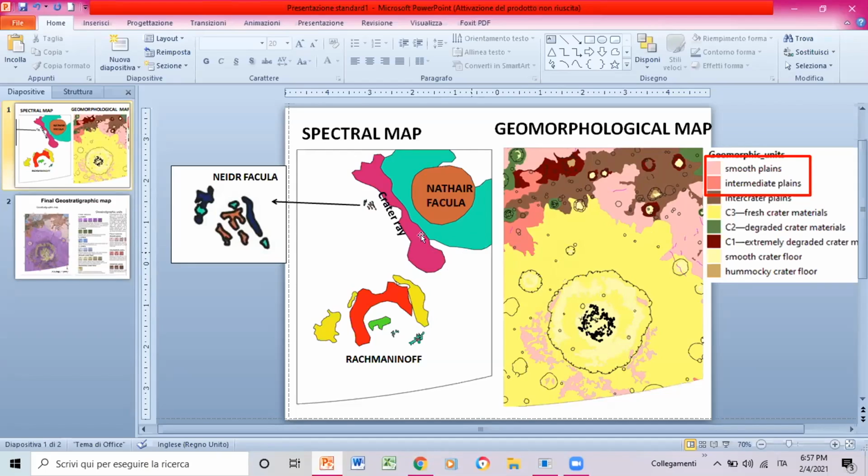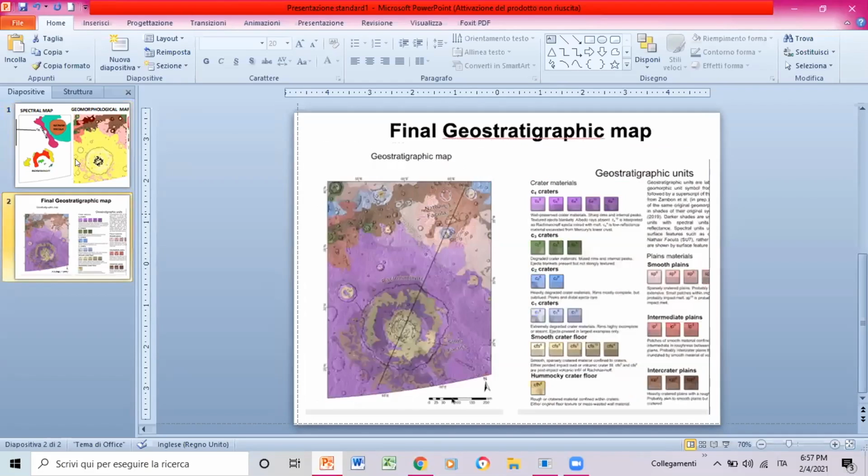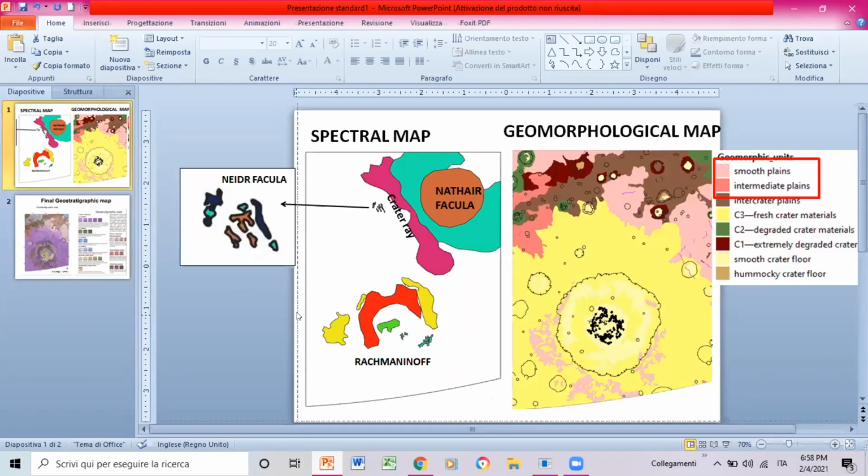And here we got the final geostratigraphic map. So we have to decide, we just got different kinds of features and interpretations. So we have to decide how many units to define based on the different characteristics that we are able to recognize.